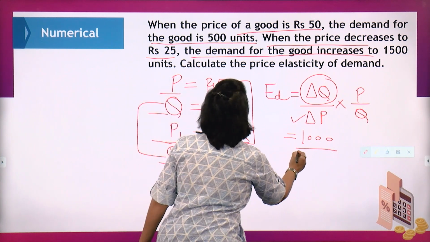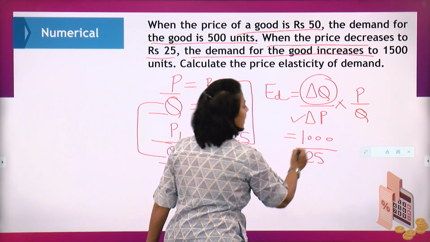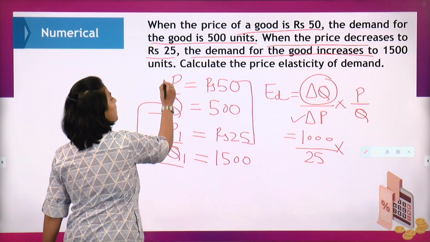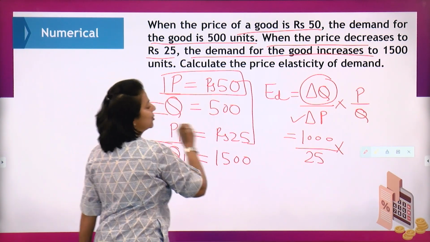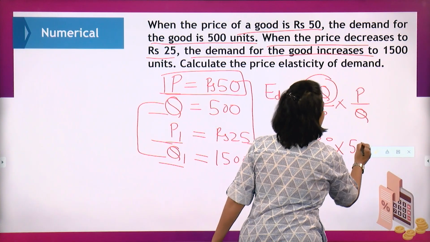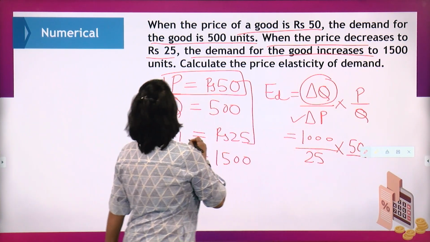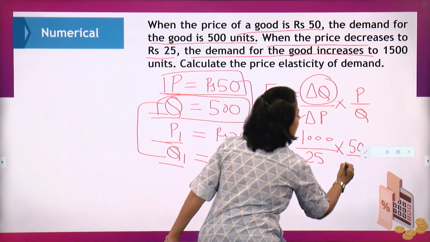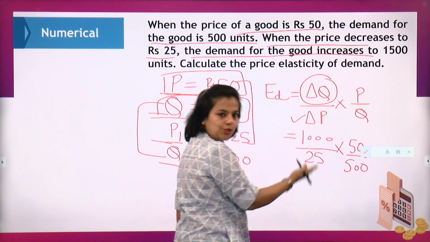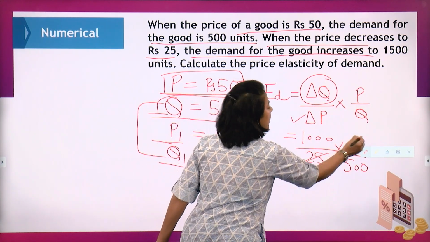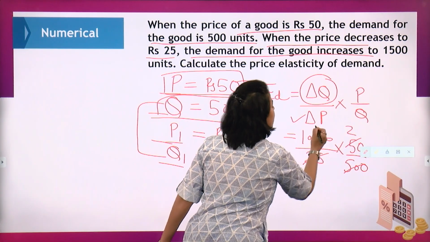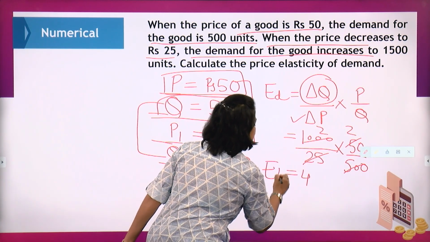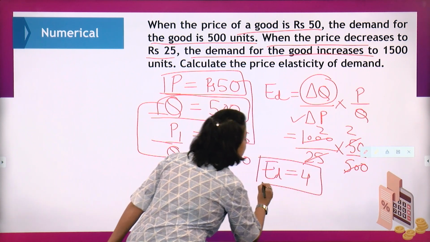So, we can write it as 25 times original price. Original price is P. So, this is 50 and original quantity is 500. So, this is 500 and we will solve this and we will get our answer as 4. So, price elasticity of demand is 4.